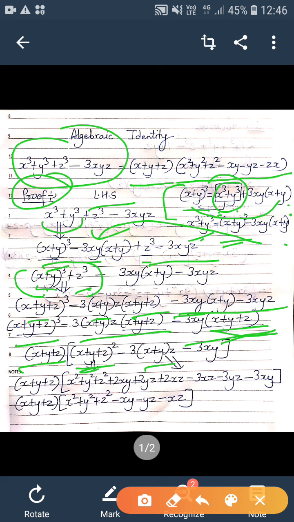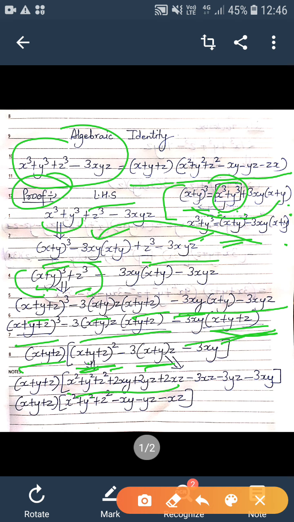Now simplifying, we know that the expansion of a plus b plus c whole square is a square plus b square plus c square plus 2ab plus 2bc plus 2ac. So it is x square plus y square plus z square plus 2xy plus 2yz plus 2xz.